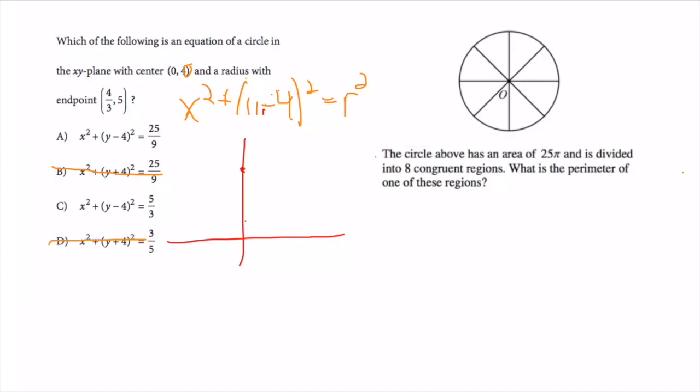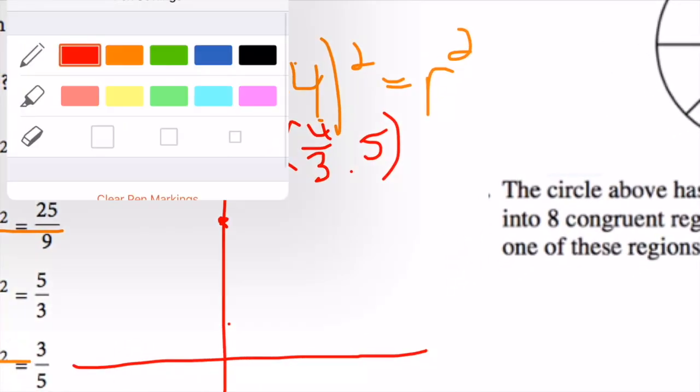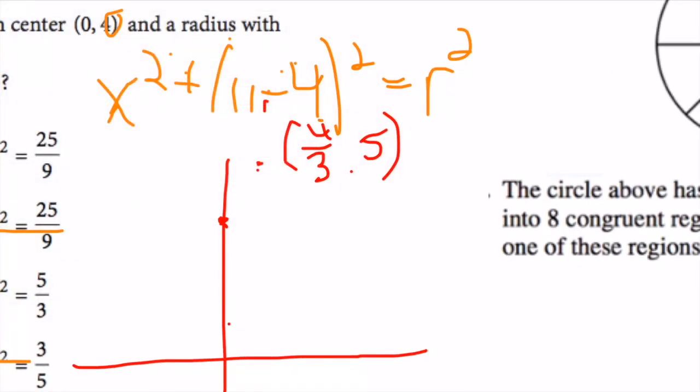Here's 4. And here we'll say is 4/3 and 5. So what I'm going to do here is my circle is looking something like this, where here is the radius.